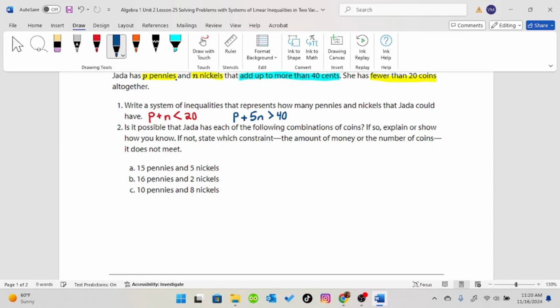It cannot be less than 40. It cannot be exactly 40. It must be more than 40. So these would be the system of inequalities.